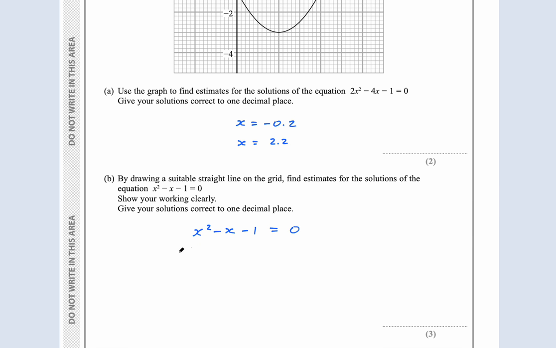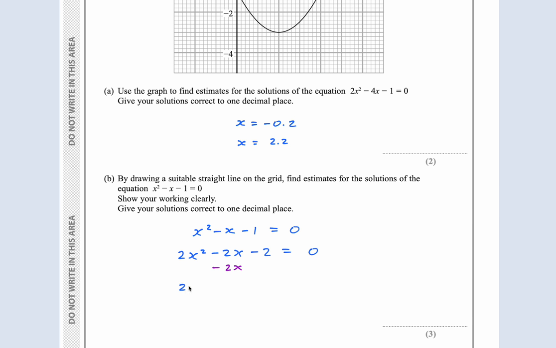This is now 2x squared minus 2x minus 2, and I have to multiply the right by 2 as well, but 2 times 0 luckily is 0. Now this is 2x squared minus 2x minus 2, but this is minus 4x minus 2, so I have to subtract 2x. By subtracting 2x, I will get my minus 4x.